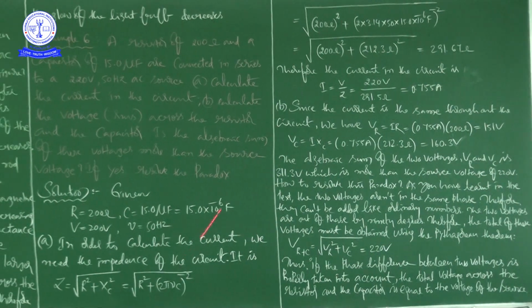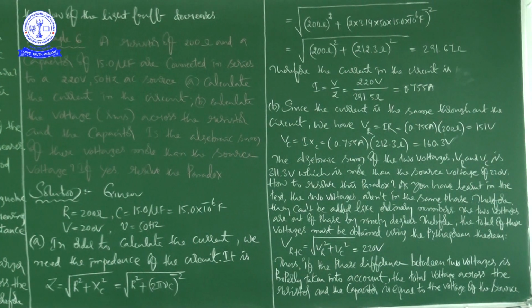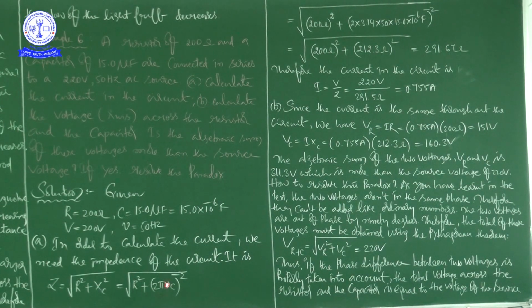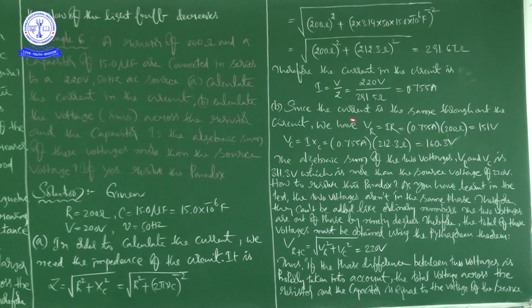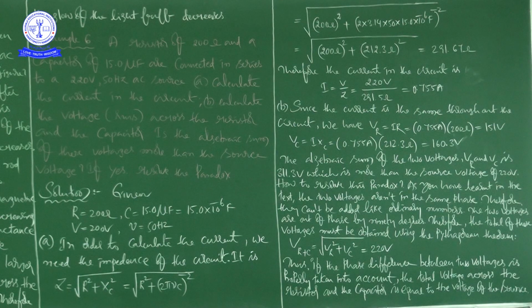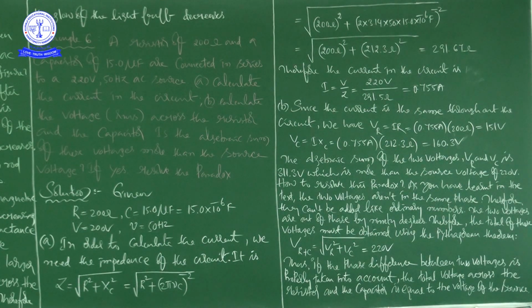In place of R we write 200, and then 2 pi, which is 3.14 into 2, and nu is 50, and C is 15.0 into 10 to the power of minus 6 farad, whole to the power of minus 2. Okay, right.